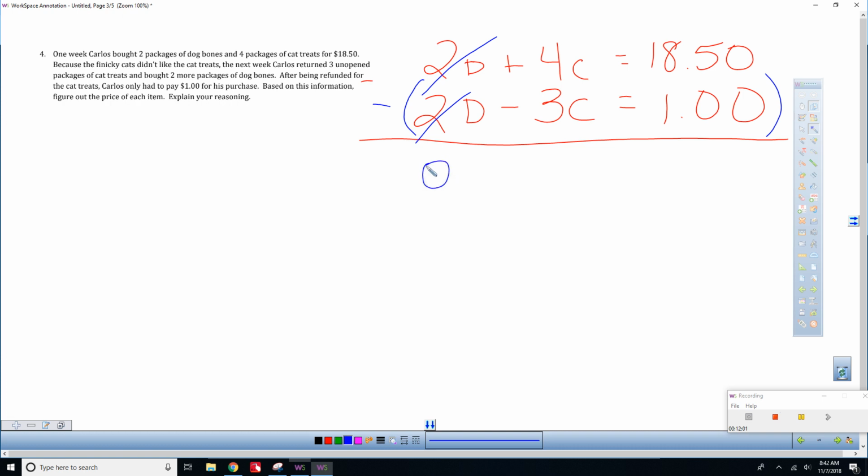What is 4C minus negative 3C? It is positive 7C. When you subtract a negative, it turns into what? It turns into a positive. And 18 minus 1? 17.5 divided by 7, please, Carson.